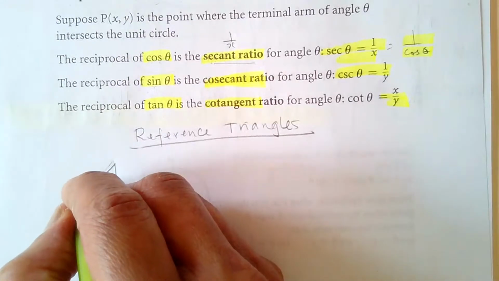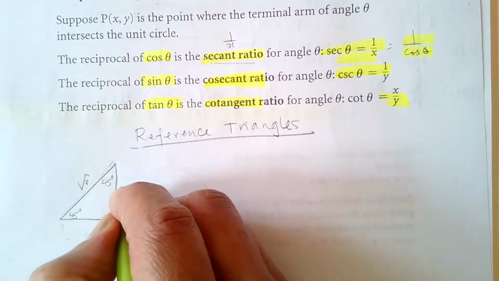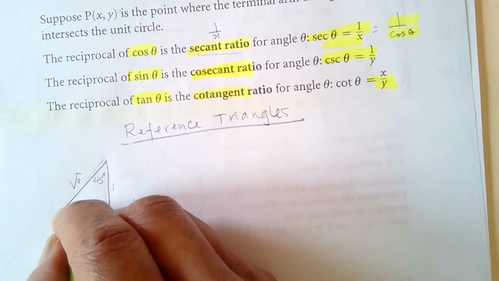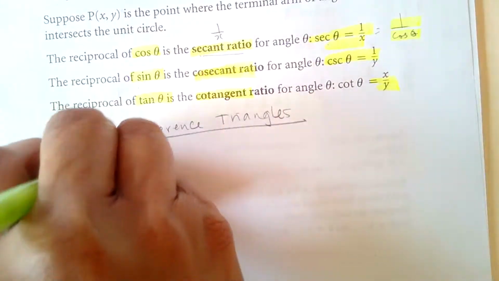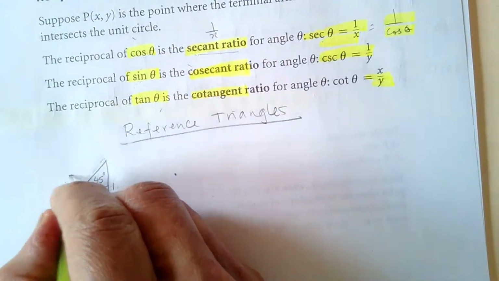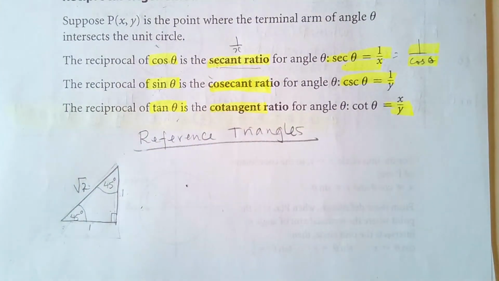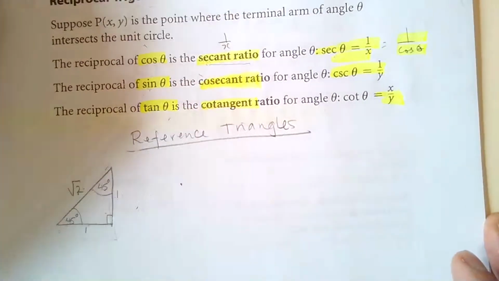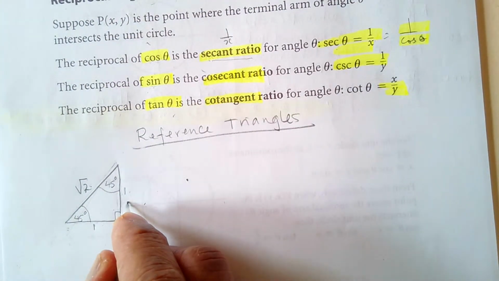And we make this side here square root of 2. If you make the opposite side 1 and the adjacent side 1, then this would be root 2. Another way of looking at this: this is your adjacent, that's your opposite.